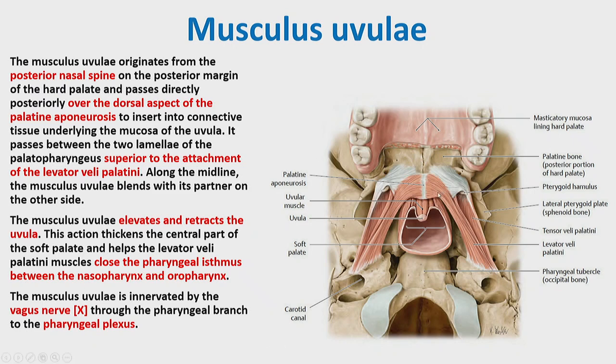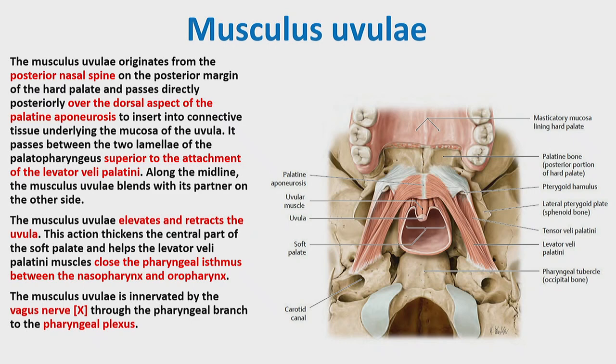And finally, the uvular muscles, there are double muscles left and right, that originate from the posterior nasal spine. Does it belong to which bone? Palatine bone, thank you. And it attaches to the palatine aponeurosis in the dorsal aspect of the palatine aponeurosis.